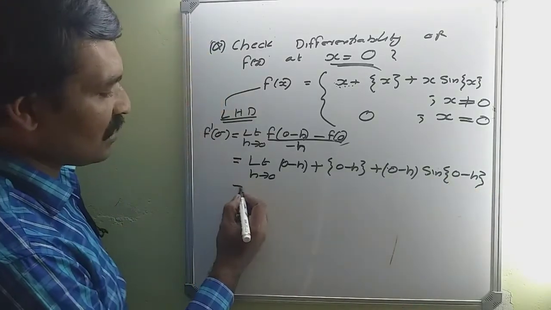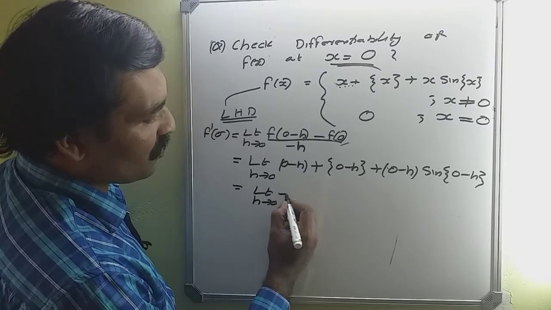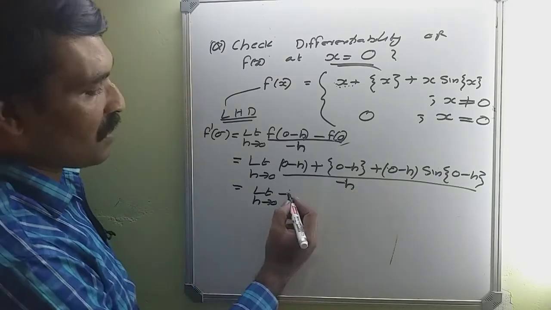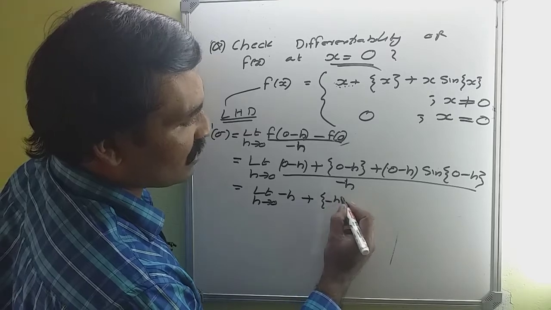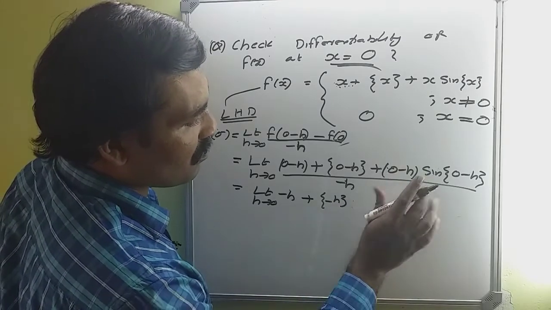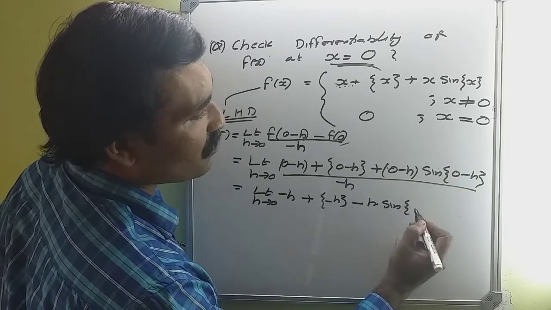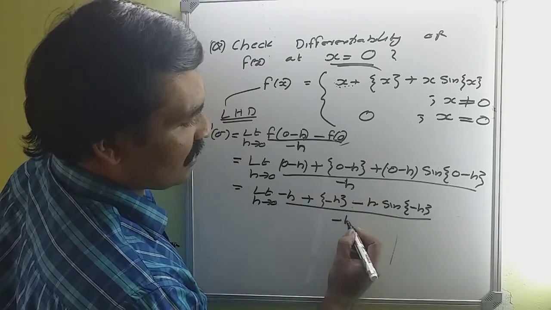That is equal to limit h tends to 0 of minus h plus fractional part of minus h plus minus h into sine of fractional part of minus h, divided by minus h.